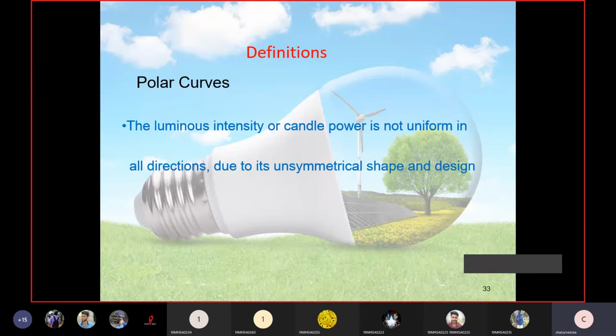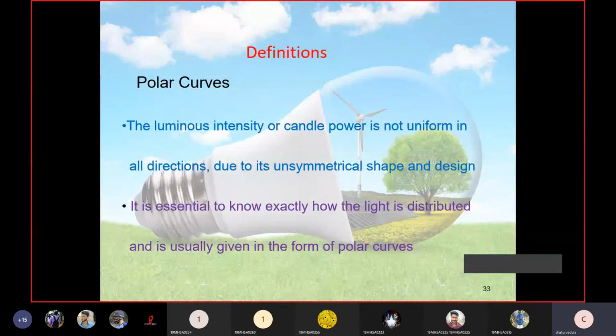If you take the lamp example in your home, the light falling at the near place and the light falling at the far end is not uniform, because the shape of the lamp is such that it cannot give uniform luminous intensity. So we should know how the light is distributed. To know how the light is distributed, we use the graphical representation called a polar curve.